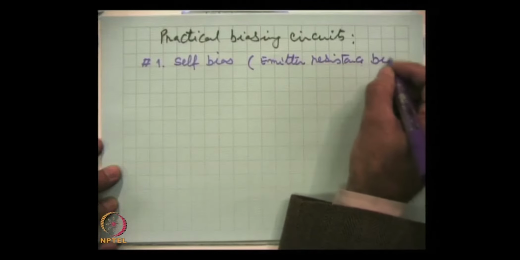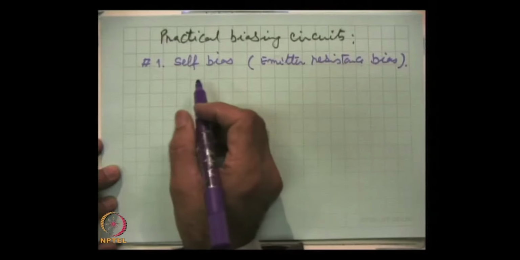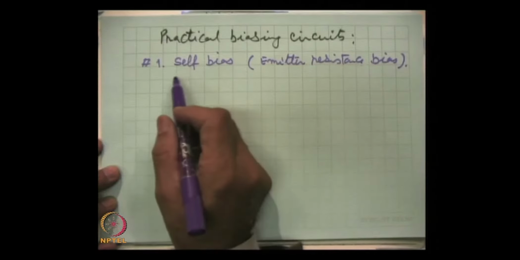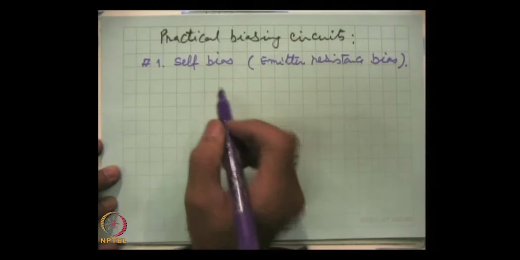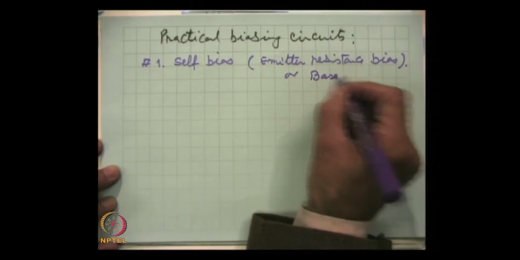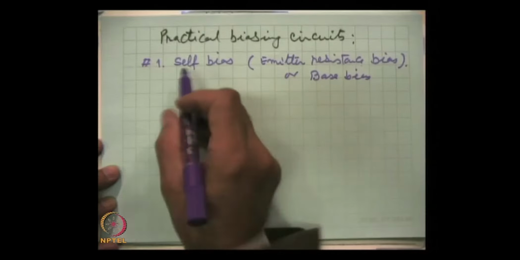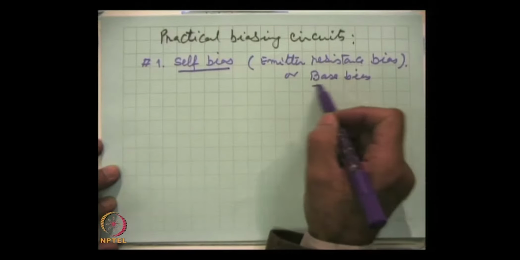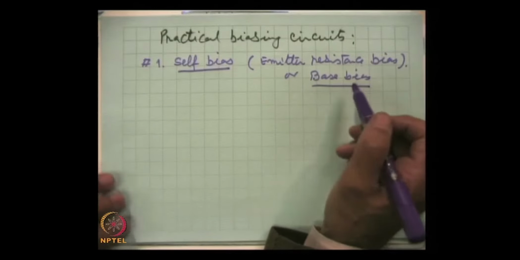This self bias is also called base bias. One and the same thing, self bias or base bias or emitter resistance bias, one and the same thing.